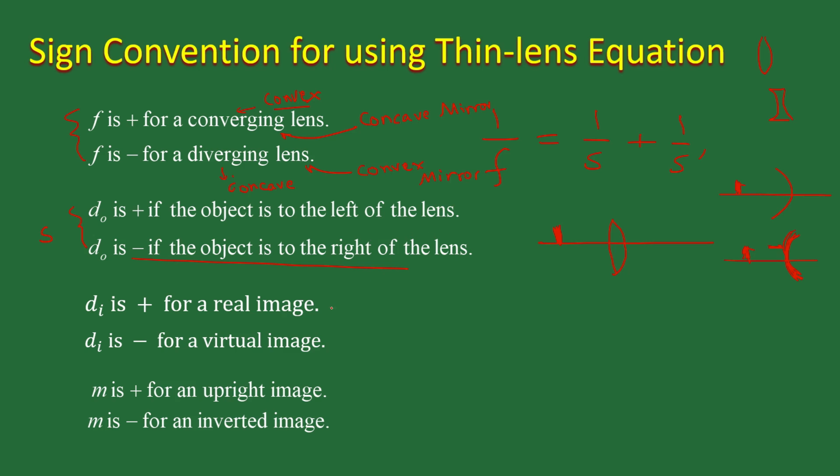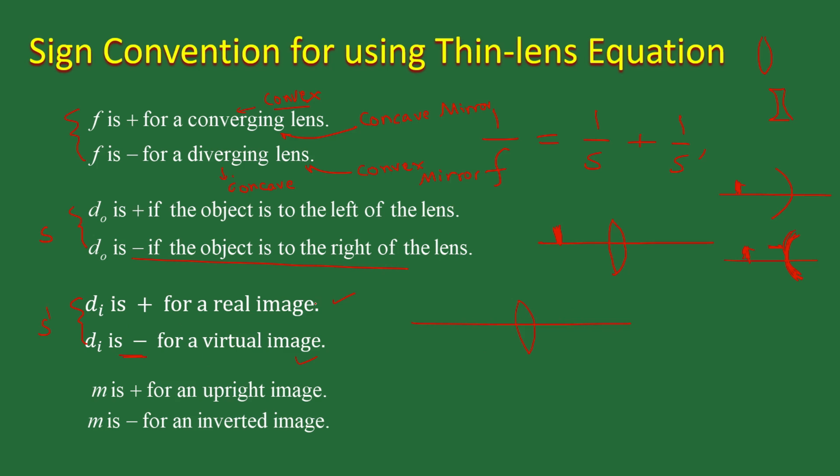Now how about the image distance? Here we'll be using S prime for image distance. If the image formed is real, then it is positive, and if the image formed is virtual, then it is negative. For virtual, we consider the image distance to be negative, and for real image, it's positive.